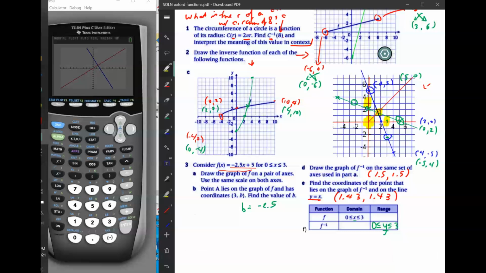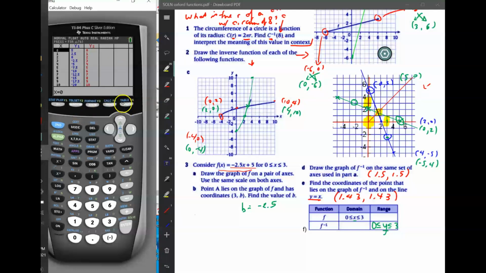Okay, so what about the blue function range? The blue function range goes from 0, comma 5 to 3, comma something. Let's see, exactly 3, comma what? 3, comma negative 2.5. So this point here is 3, comma negative 2.5. This point here is going to be the opposite: negative 2.5, comma 3.